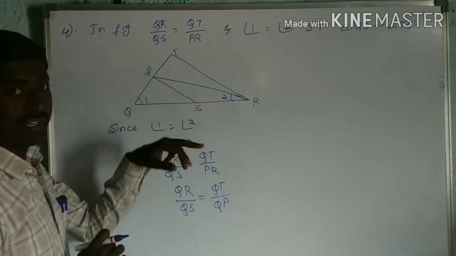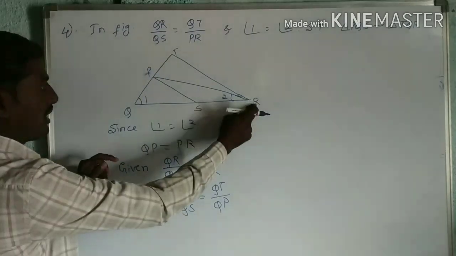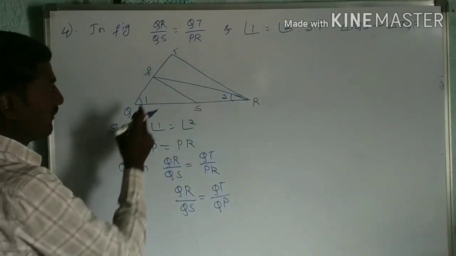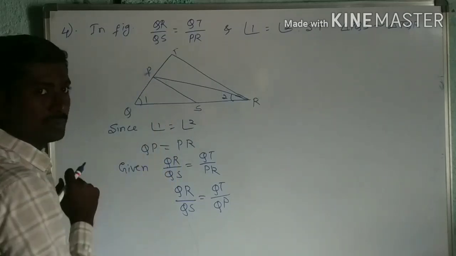Another side of triangle TQR is QT, and for triangle PQS, PQ.